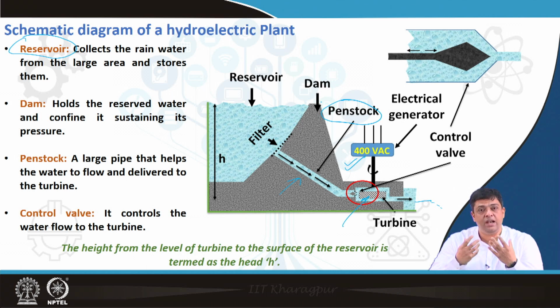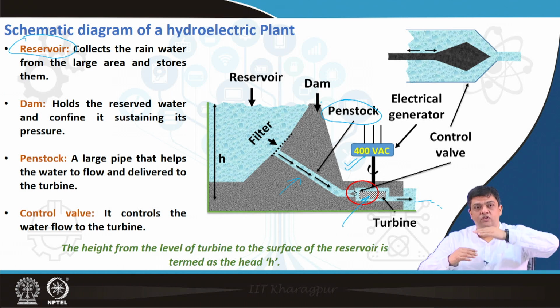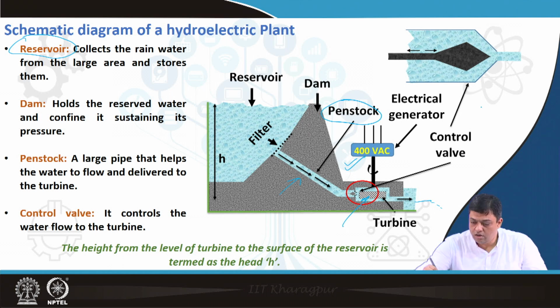Otherwise, you will change the nature of the flowing fluid, and if you remember, for extracting maximum power, you require a flow of fluid which has a streamline flow. But if you have a wall which has, let us say, abrasions, then the flowing water will have a turbulent flow.